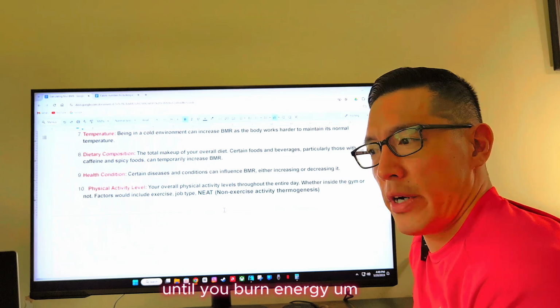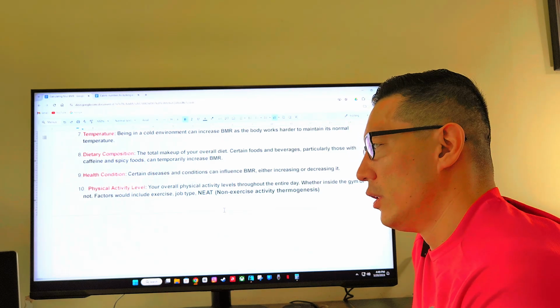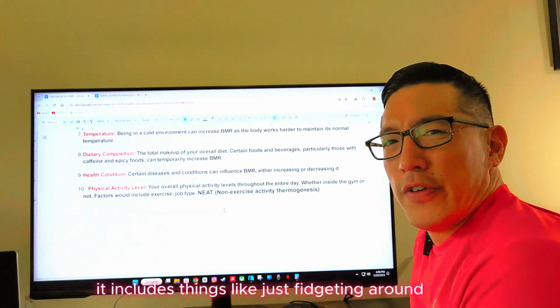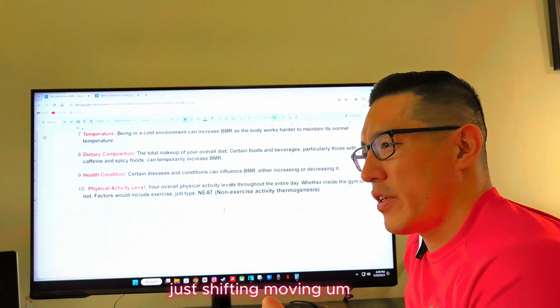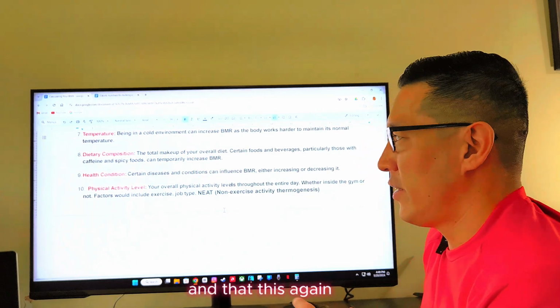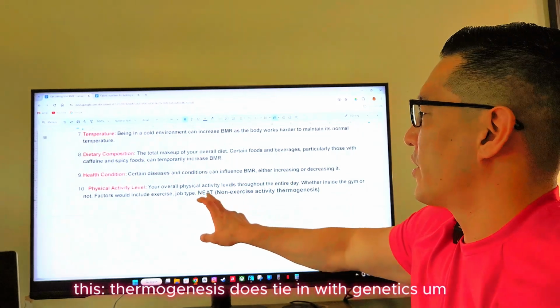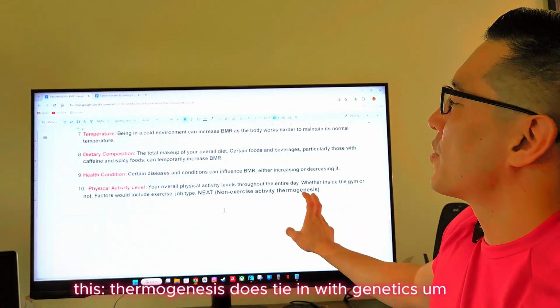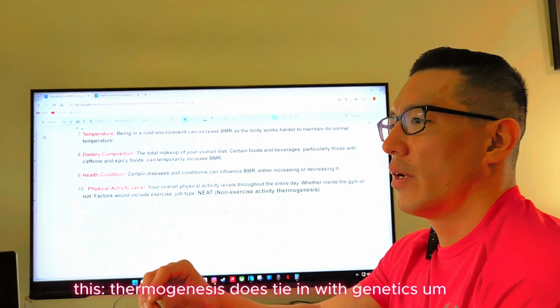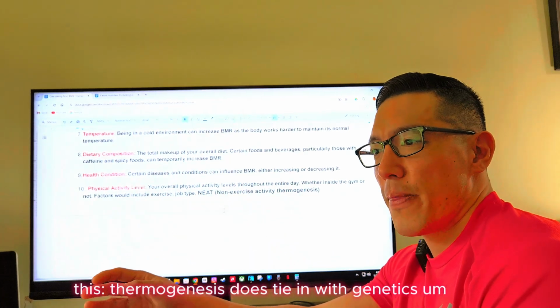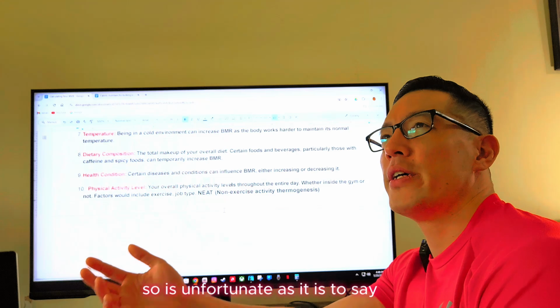You burn energy. It includes things like fidgeting, shifting, moving, and this thermogenesis does tie in with genetics.